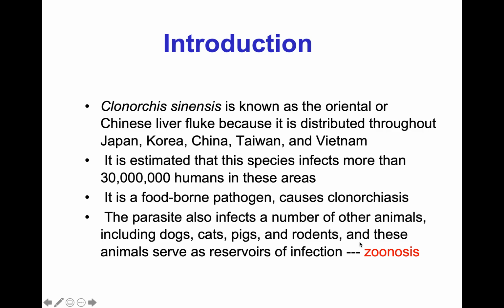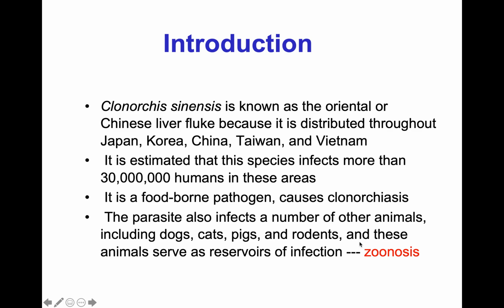So this one, Clonorchis sinensis, is known as the Oriental or Chinese liver fluke because it is distributed throughout Japan, Korea, China, Taiwan, and Vietnam. It is estimated that this species infects more than 30 million humans in these areas.